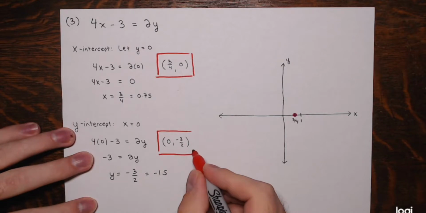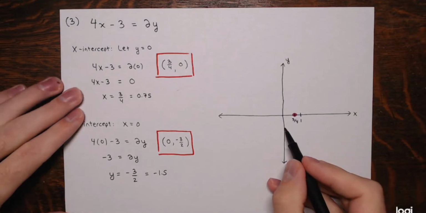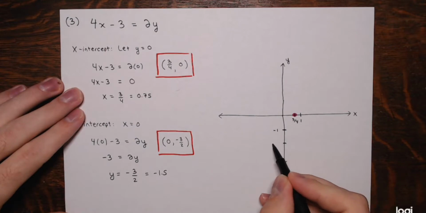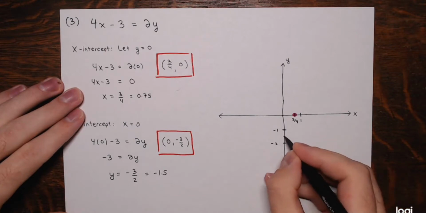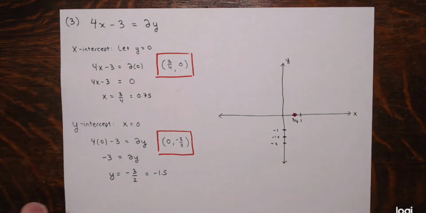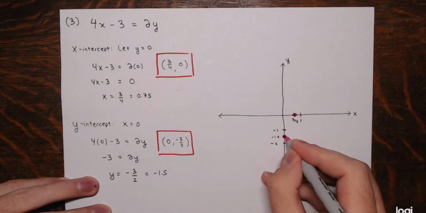There we go. And again, I'll plot this on our coordinate plane. So here's -1 on the y-axis, -2, and -1.5 is halfway between those, right? -3/2, -1.5, and that's where the y-intercept's going to be located, right there.